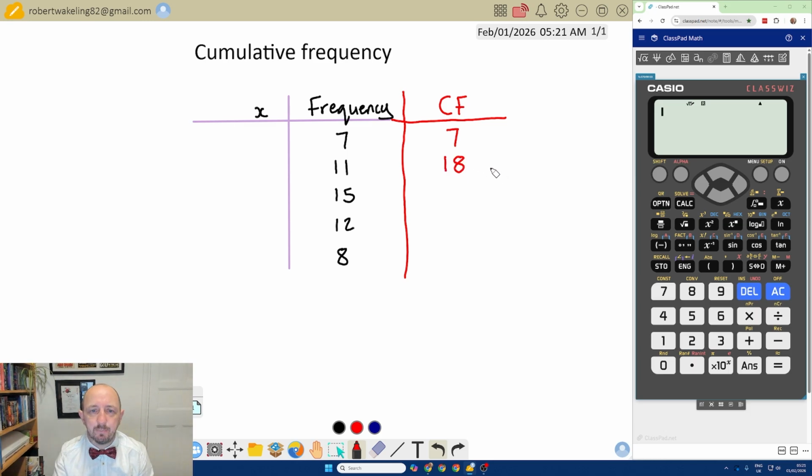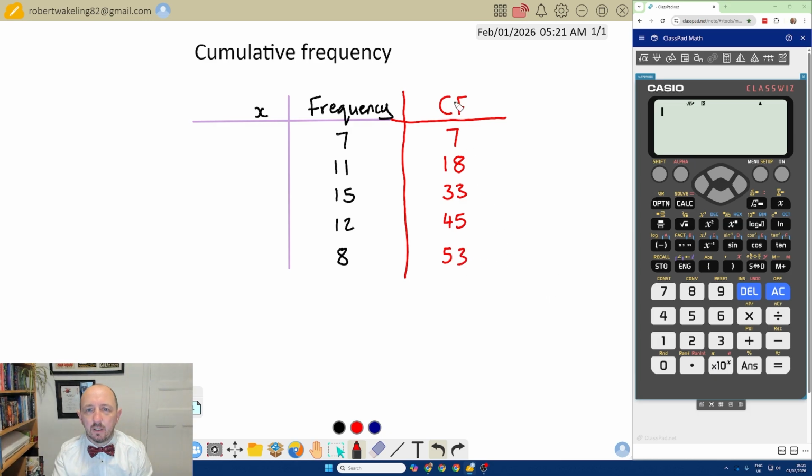7 plus 11. Then we're going to add 15. 18 plus 15 is 33. And then we're taking the total of that, adding 12 to 33, 45, and then add another 8 is 53.